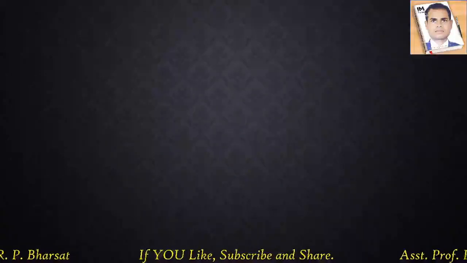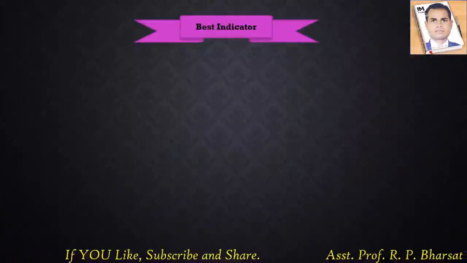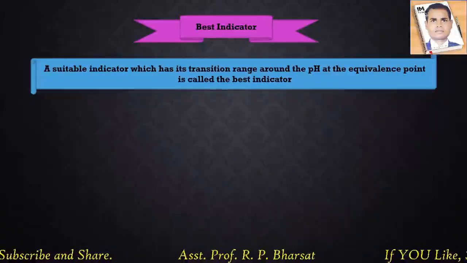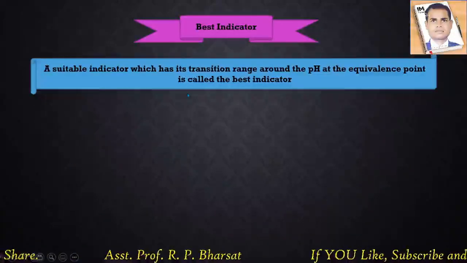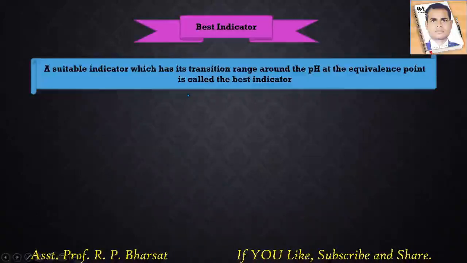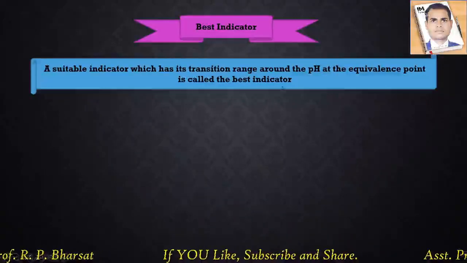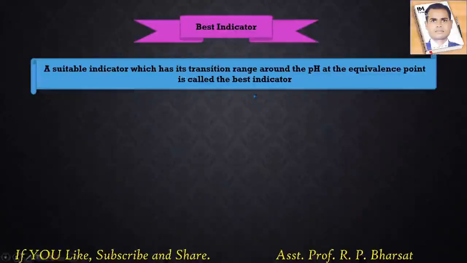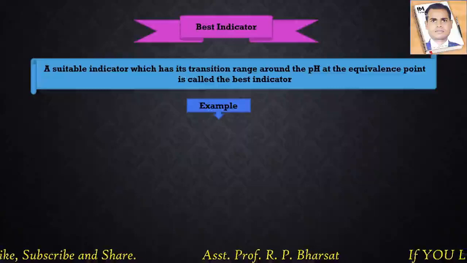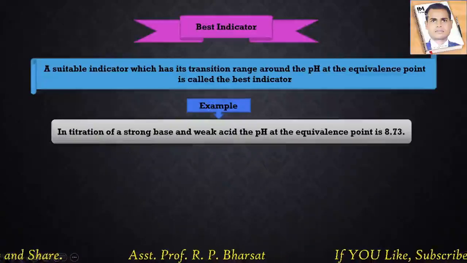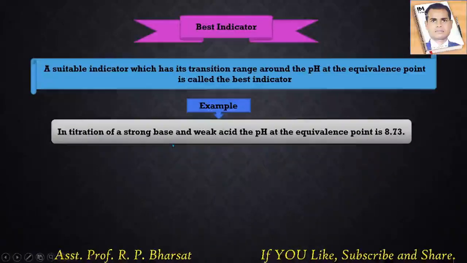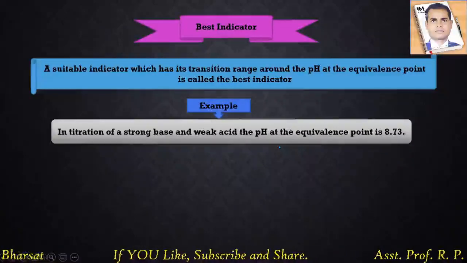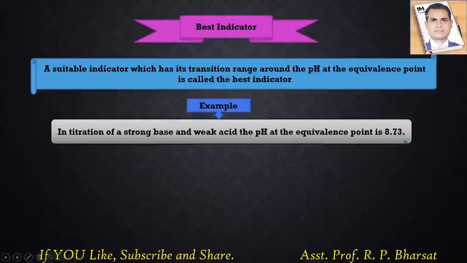And the next term we have to see is the best indicator. A suitable indicator which has its transition range around the pH at the equivalence point is called the best indicator. For example, in a titration of strong base and weak acid, the pH at the equivalence point is 8.73.